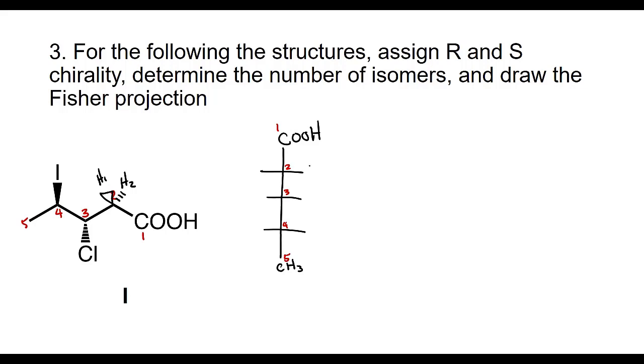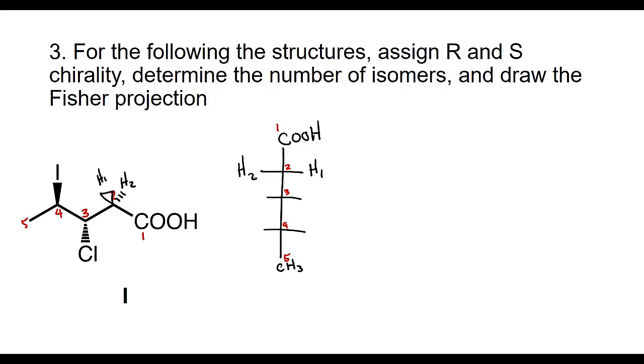Did everyone understand why H1 is on the right? Okay, I'm going to rotate this 90 degrees so the carboxylic acid is on top. That way hydrogen 1 is on my right, because it's out of the page. Make sense?